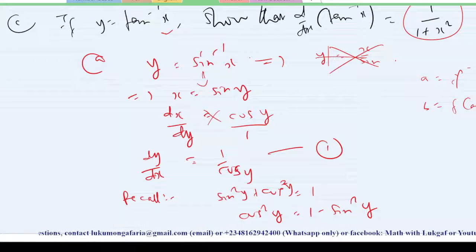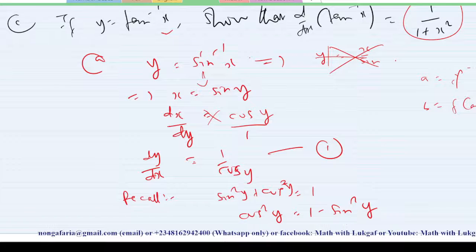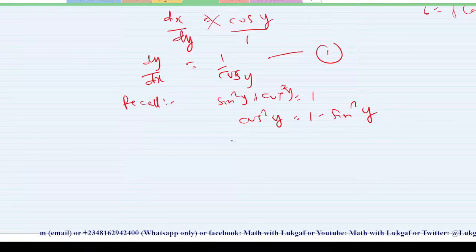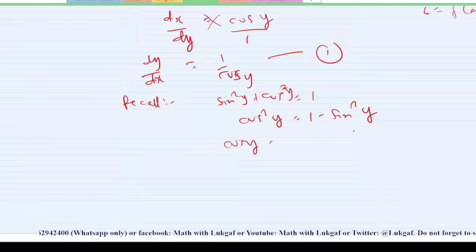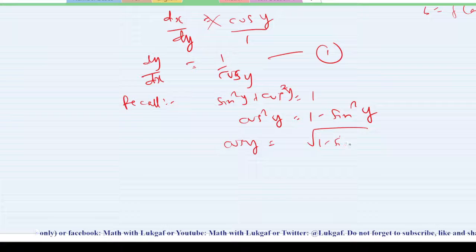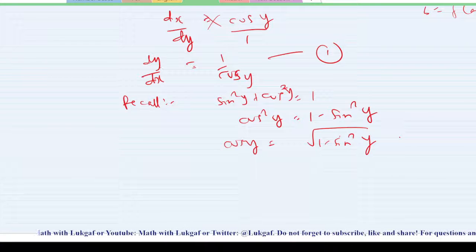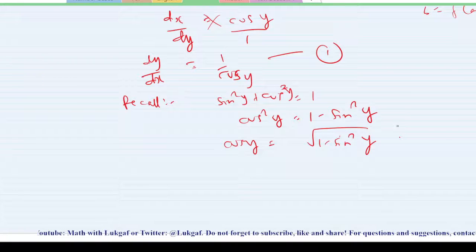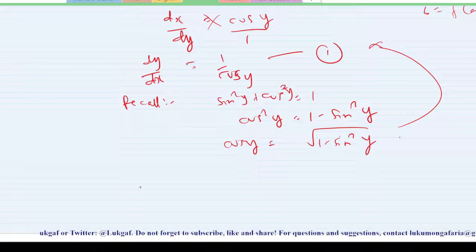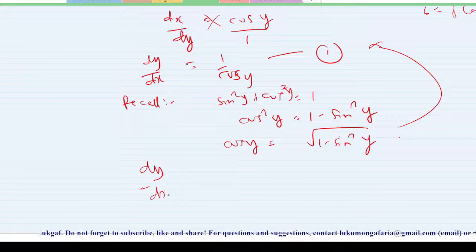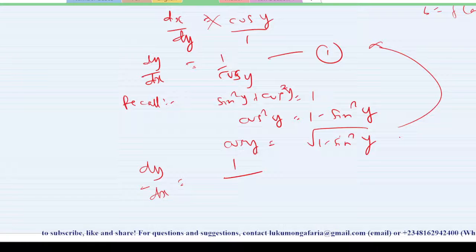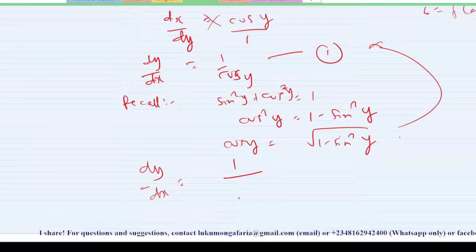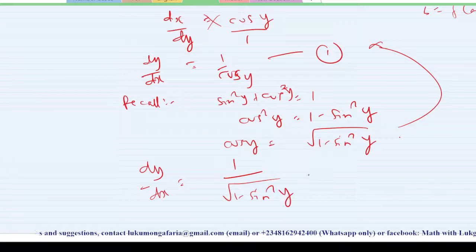You understand now? And if that is the case, you can say that your cos y is equal to the square root of 1 minus sin squared y. Then you can just come back here and replace it. So I'm going to have that my dy dx is going to be 1 divided by the square root of 1 minus sin squared y.